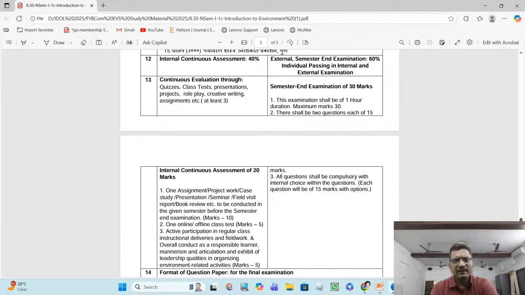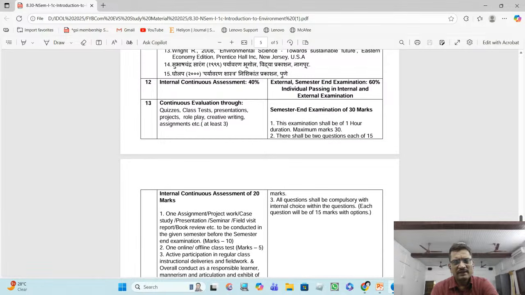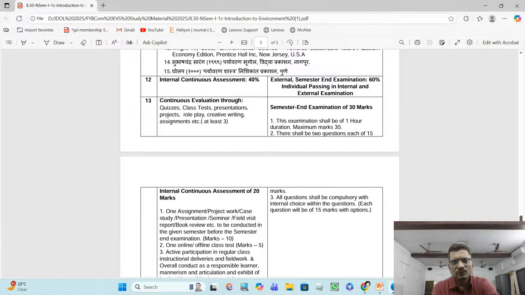As far as the examination pattern is concerned, there is continuous evaluation through class tests, presentations, and quizzes, which will be decided at the CDOE level.